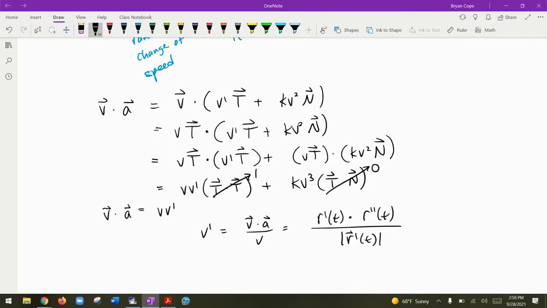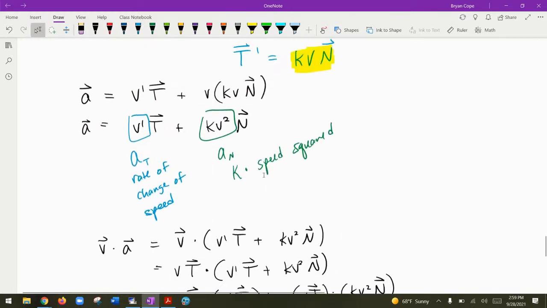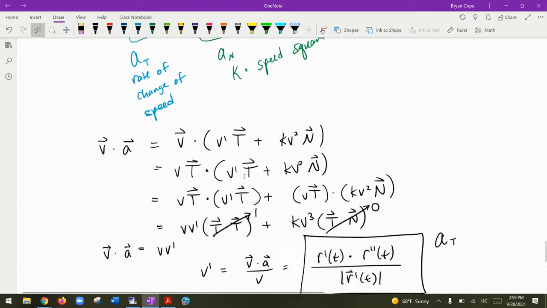That looks really familiar, doesn't it? This statement is A sub T. That's a version of A sub T that's easier to use than finding, what was it before? Was it V prime? Yeah, V prime, which is the derivative of speed, which we did in our warm-up last class.